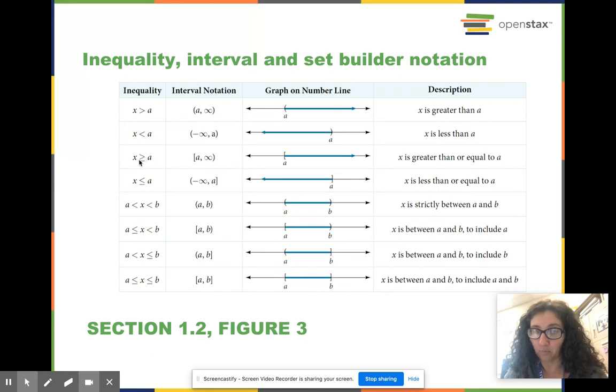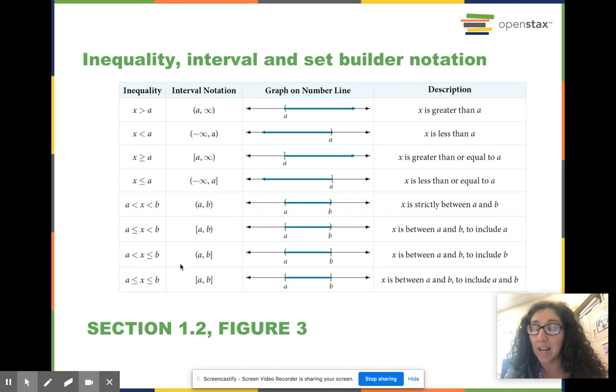Greater than or equal to or less than or equal to is associated with the square bracket. And then here we've got two-sided inequalities, right? We have x is greater than A and less than B, greater than or equal to A and less than B, and so forth. Hopefully inequalities look kind of familiar to you.